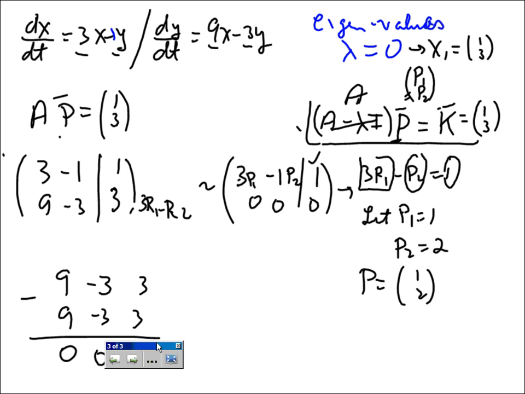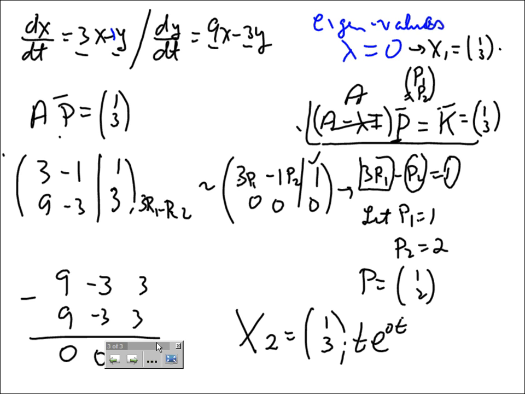So now we're in a position to write down what x2 equals. Now x2 is a little bit harder than before. x2 is going to be, remember what K was? It's going to be K times t times e to the 0t.